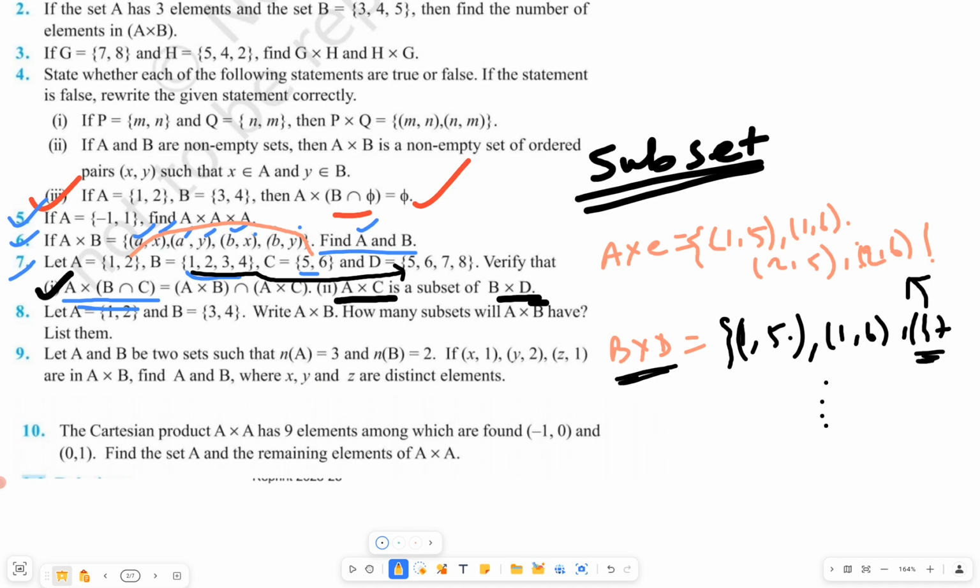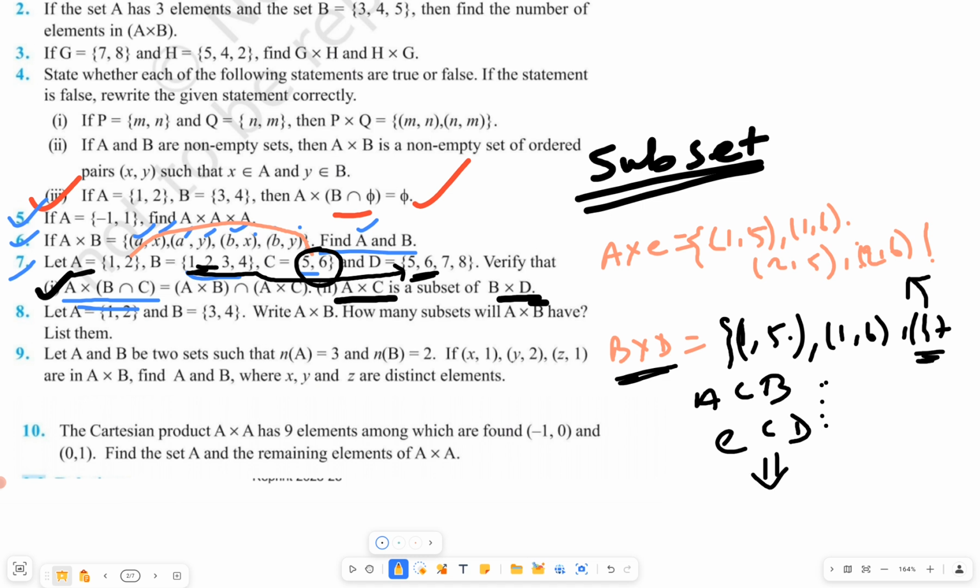B cross D has more elements because B has more elements than A. And also C is a subset of D and A is a subset of B. That's clear.